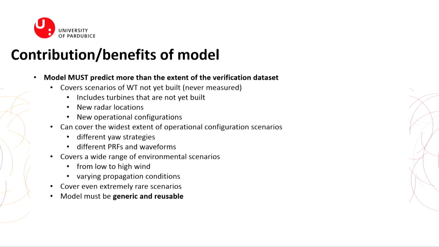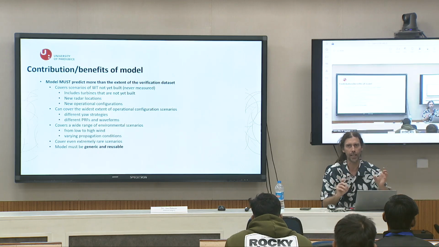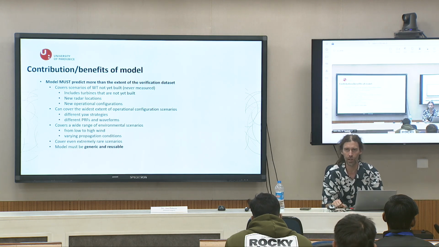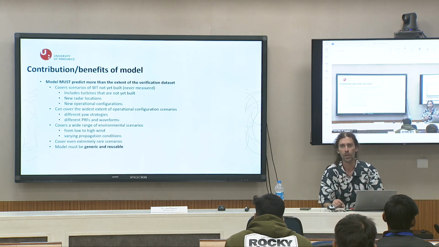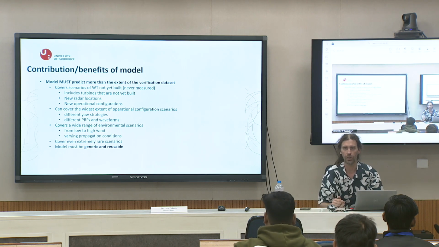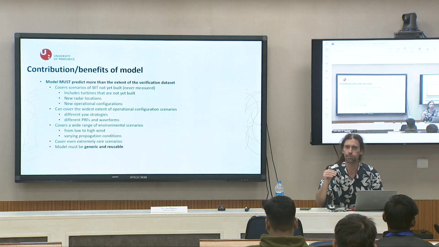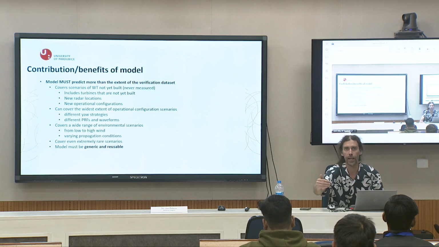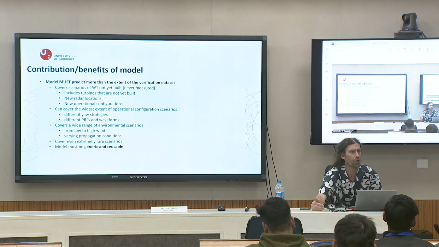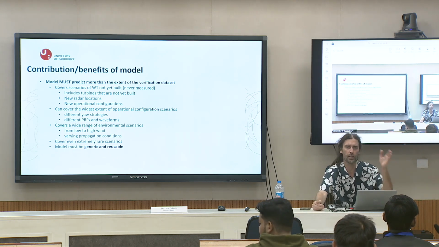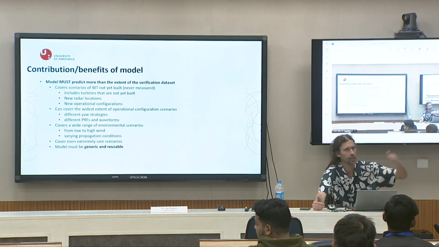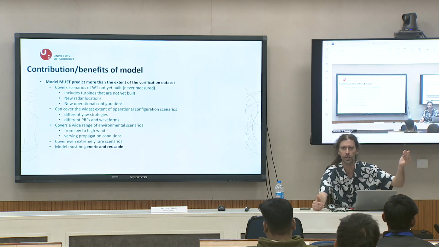So the model generally must be generic and reusable for any parameters. And you can always make more and more extensions and add more and more parameters to your model because it's modular. You can add the influence of terrain, weather, rain, fog, and so on, because okay, this morning was really foggy, how did it influence my radar environment.